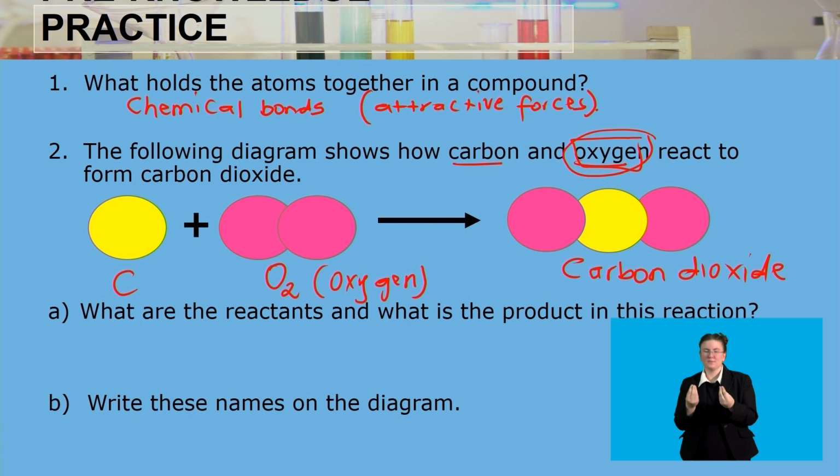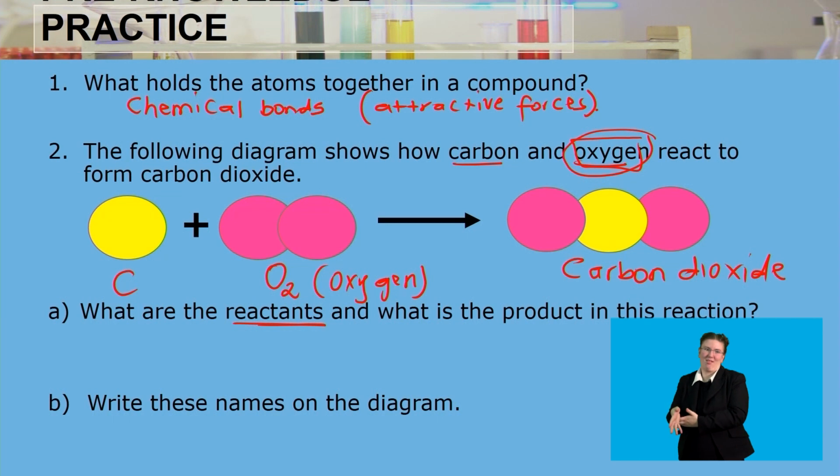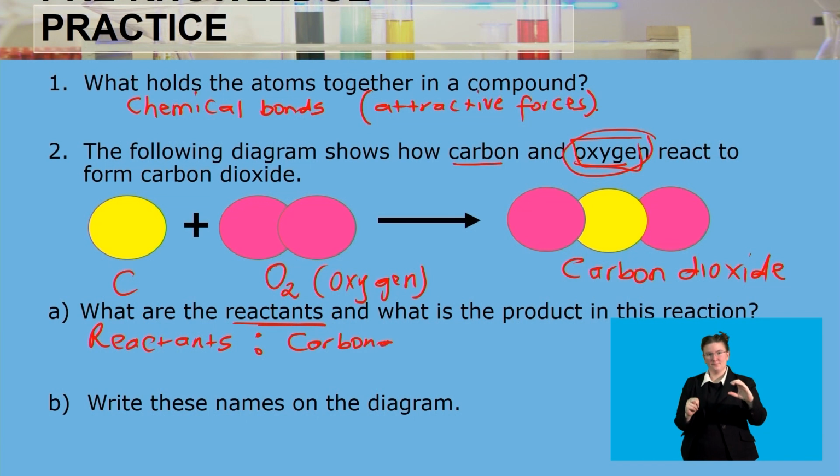The reactants are the substances which are undergoing a chemical reaction. So the ones that are going to react together to produce something. So the reactants in this chemical reaction: we have carbon, not carbon dioxide, we have carbon and oxygen.